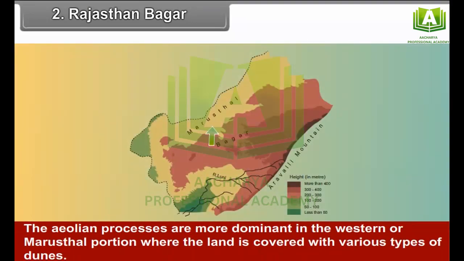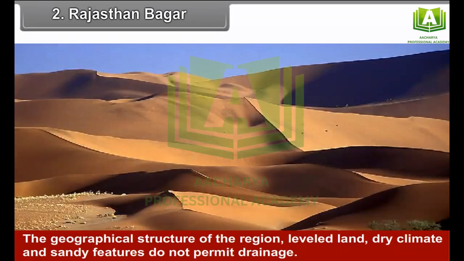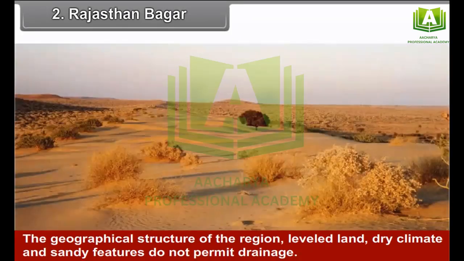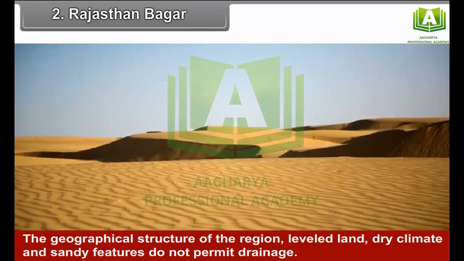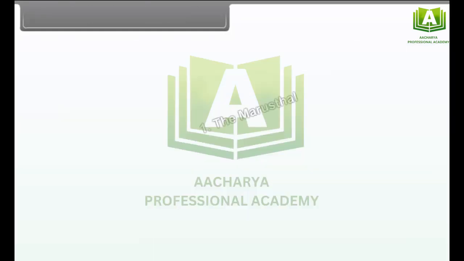The aeolian processes are more dominant in the western or Marusthal portion, where the land is covered with various types of dunes. The geographical structure of the region, level land, dry climate and sandy features do not permit drainage.